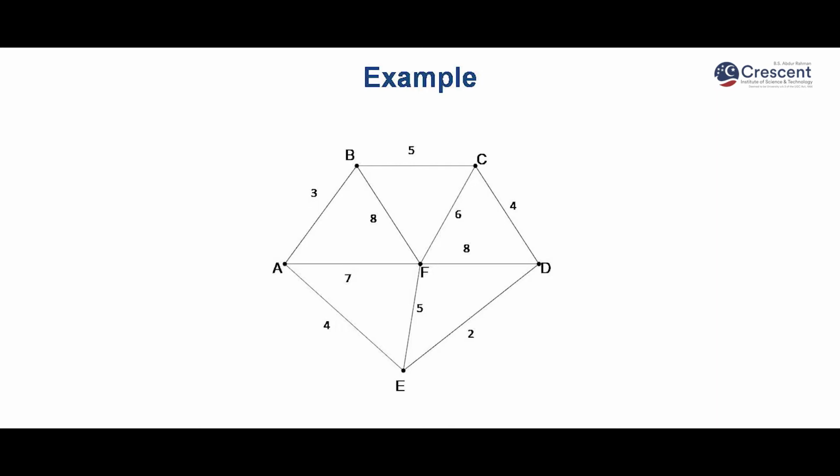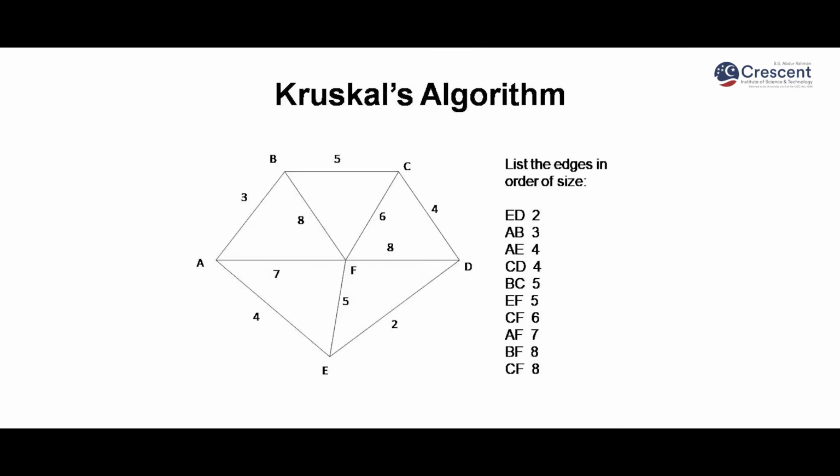Now the procedure is we have to sort the edges according to their weights. In this undirected graph, the smallest weight edge is ED with weight 2. First we are taking ED with weight 2. Then the next shortest edges, AB with 3.